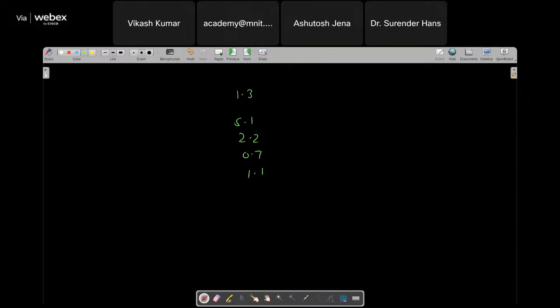This one is x1, this one is x2, x3, x4, and x5. So the representation of softmax is e to the power x1 divided by the sum of e to the power x over all five outputs.